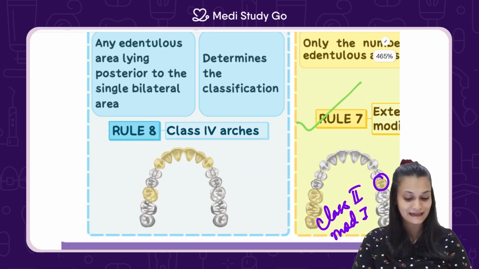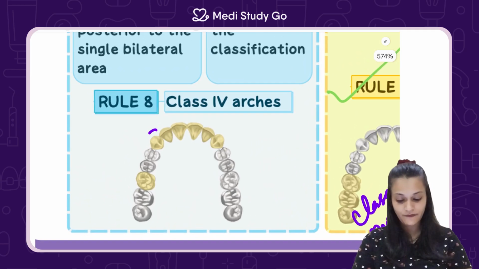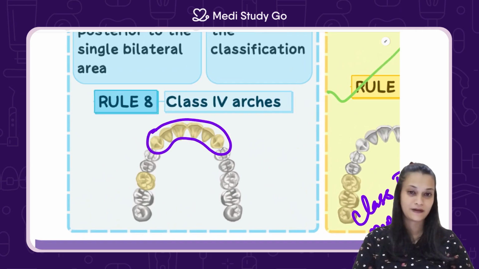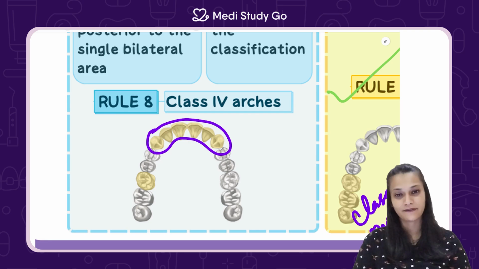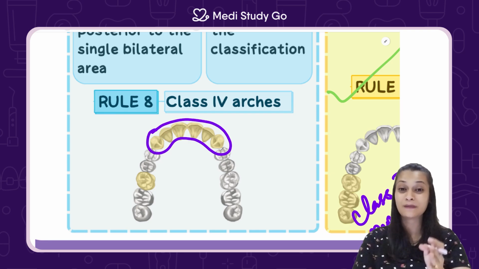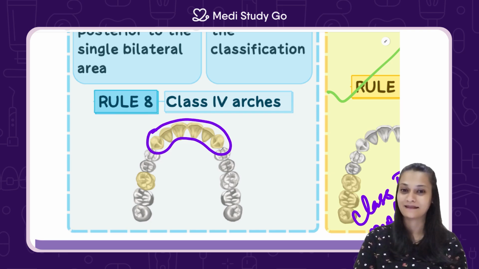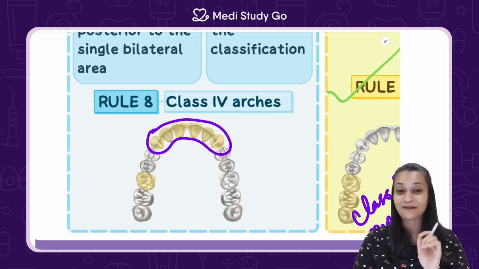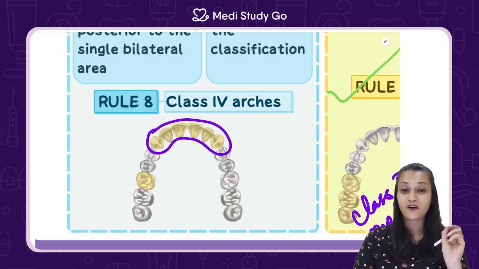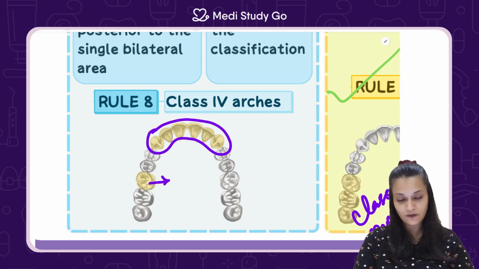Rule number 8 says that if at all class 4 is present, it will never have modification space. Because if there are any modification space, it means that it has gone behind. And that becomes your primary space to determine your classification. So what is this going to become?